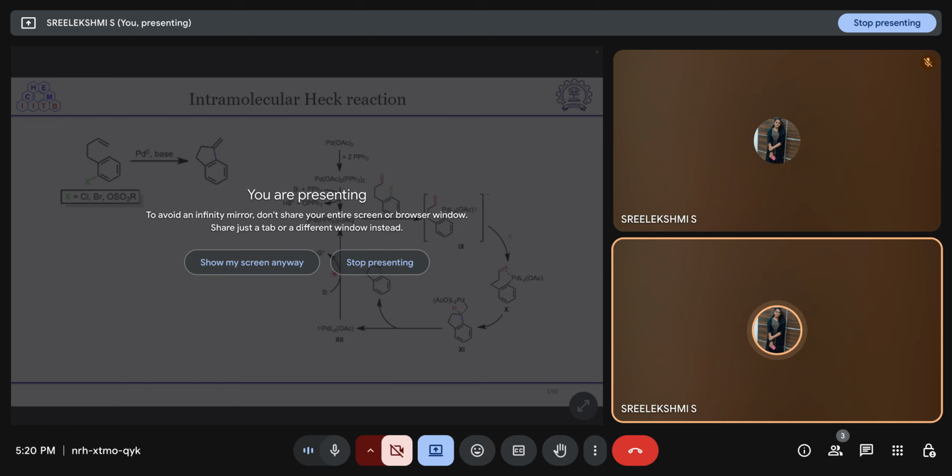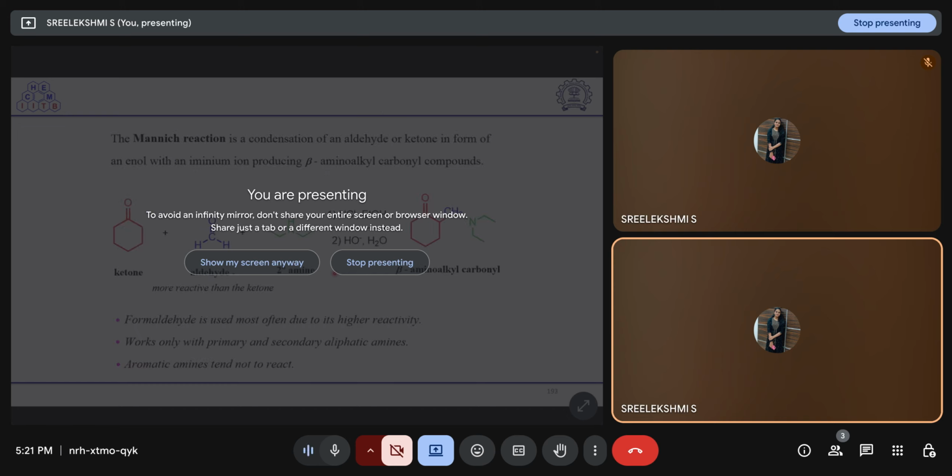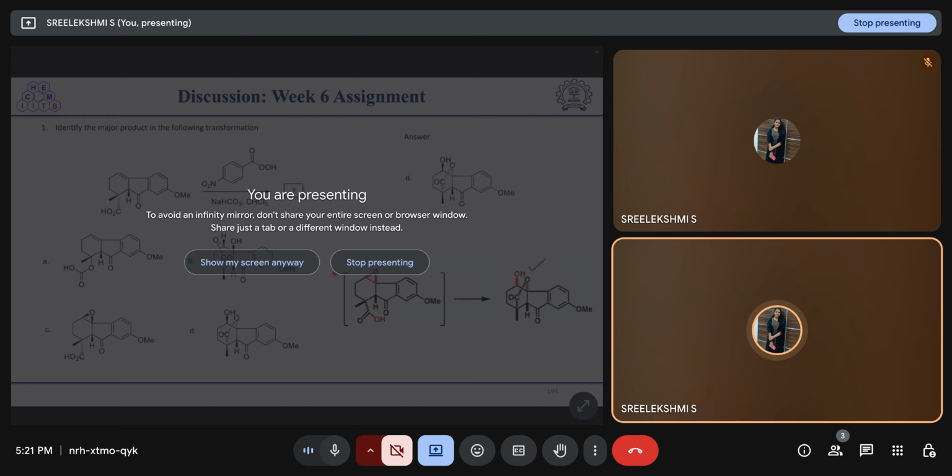So all these reactions we have seen: intramolecular Heck reaction, Oppenauer oxidation, then Meerwein-Ponndorf-Verley reduction. And this Mannich reaction also, we have seen the mechanism previously.